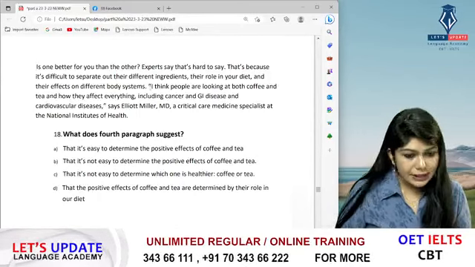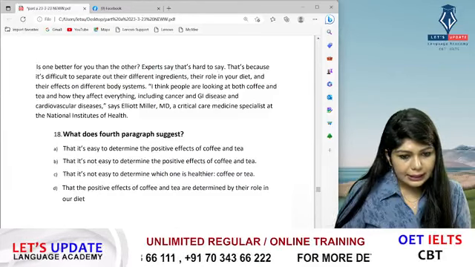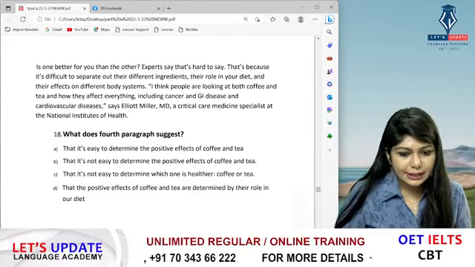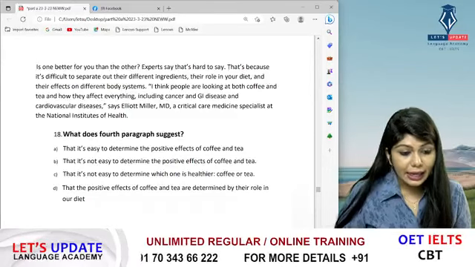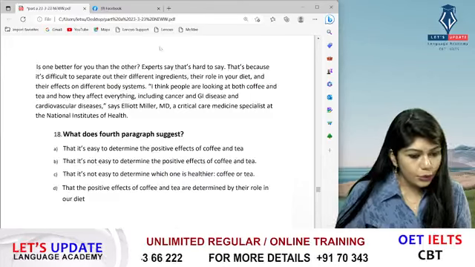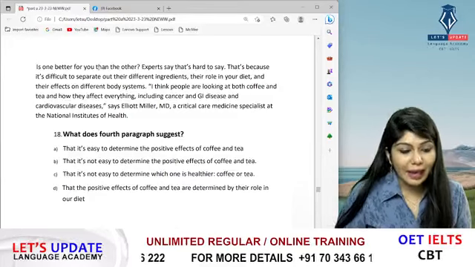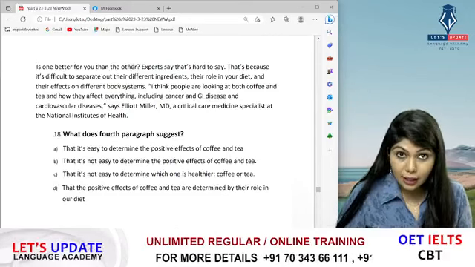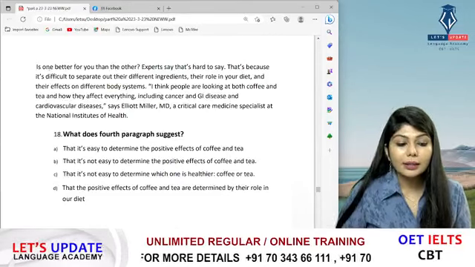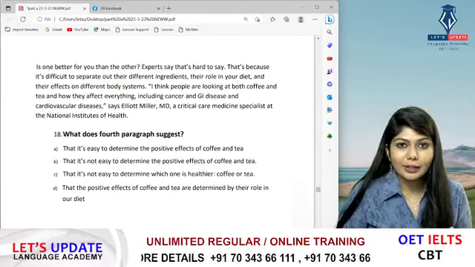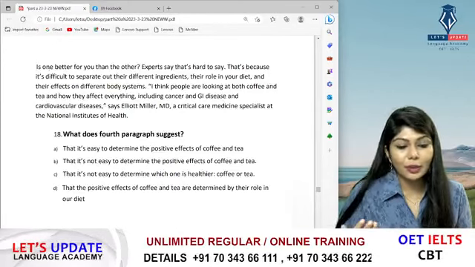What they have suggested here is that it's difficult to separate out their different ingredients, their role in your diet, and their effects on different body systems. So the very first thing they have said is, is one better for you than the other? They are suggesting one should be coffee, the other one should be tea.